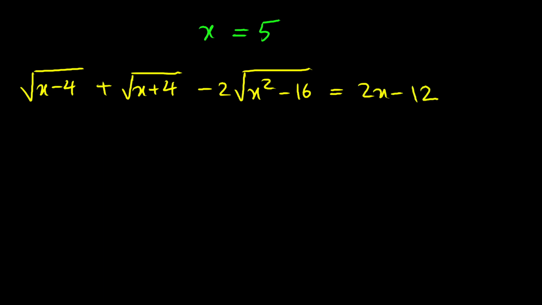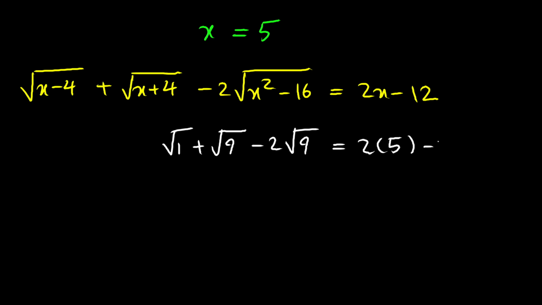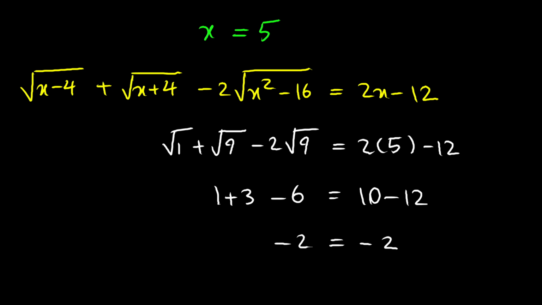So if x equals 5, we're going to have the square root of 1 plus the square root of 9 minus 2 times the square root of 9, and this equals 2 times 5 minus 12. The left-hand side is going to be 1 plus 3 minus 6, and the right-hand side is going to be 10 minus 12, and both of them are going to be negative 2. Therefore, x equals 5 is a valid solution.